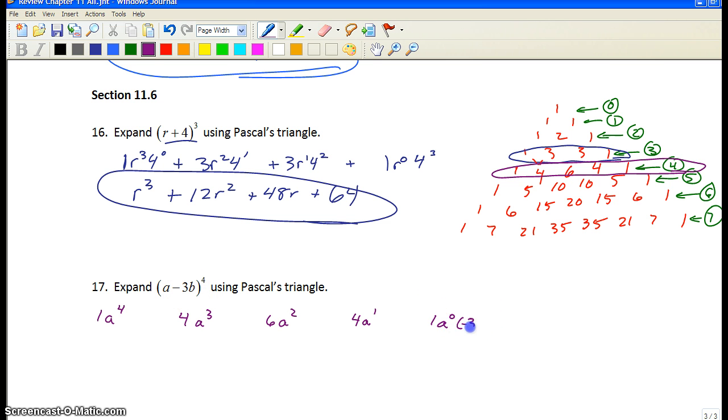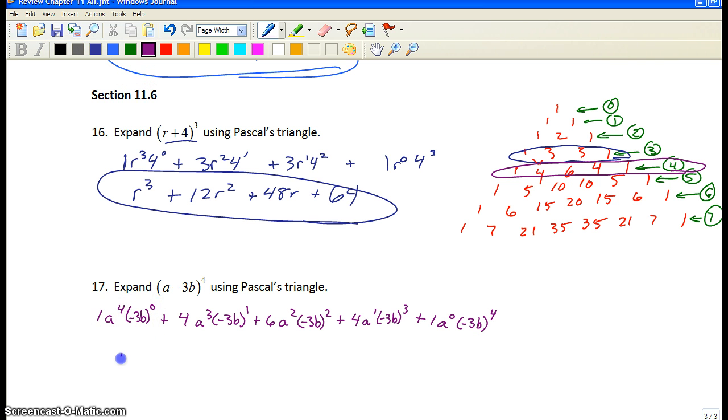So this is going to be negative 3b to the fourth, negative 3b to the third, I'm going to add there, negative 3b to the second, negative 3b to the first, and then negative 3b to the 0 power, but we officially don't have to write that as well.